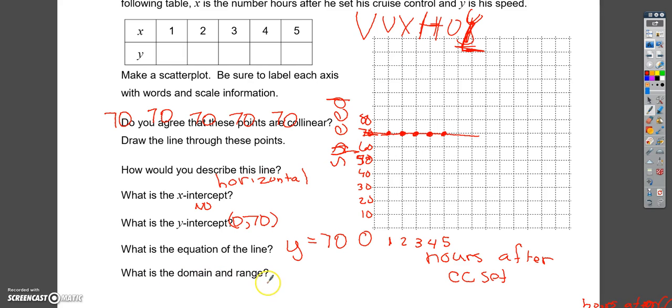What is the domain and range? The domain is all real numbers. And the range is y equals 70.